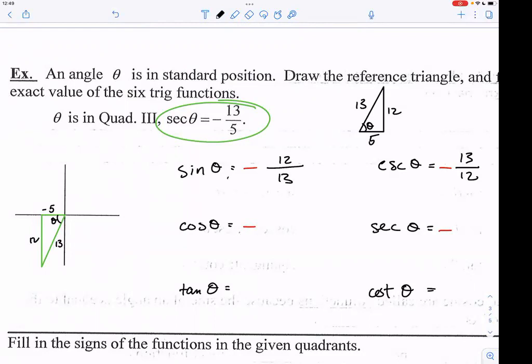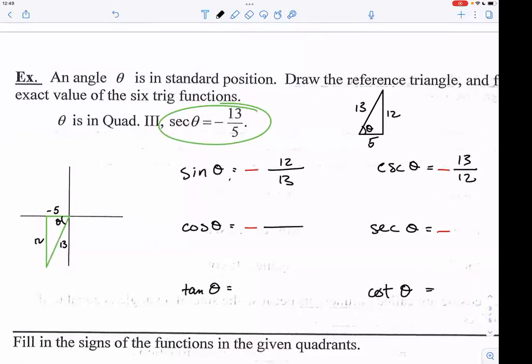And then I just use the length of the triangle to get all the ratios. So cosine theta is 5 over 13. Secant theta is 13 over 5. Tangent theta, it's positive 12 over 5. And cotangent theta is 5 over 12.